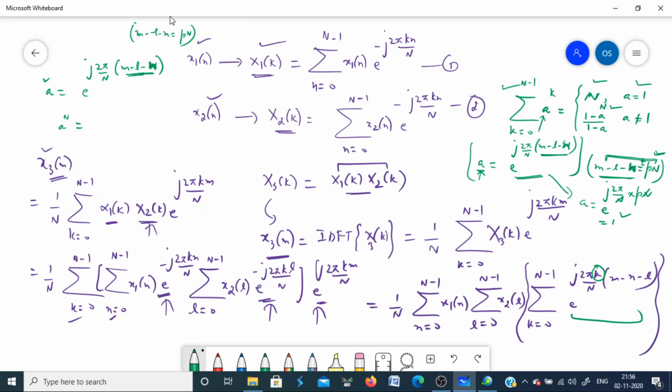Because if you raise this to the power n, it will be e raised to power j 2 pi by n into m minus l minus n, raised to the power n. So this n and n will get cancelled, and since m, l and n are all integers, m minus l minus n will also be an integer value. In that case it will simply turn to 1, and so 1 minus 1 becomes 0.